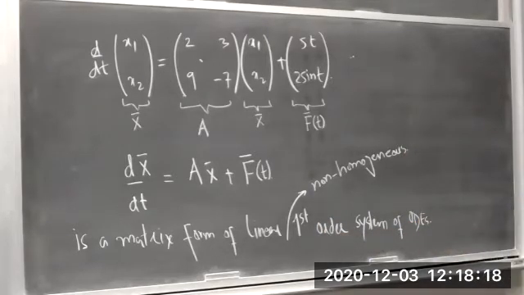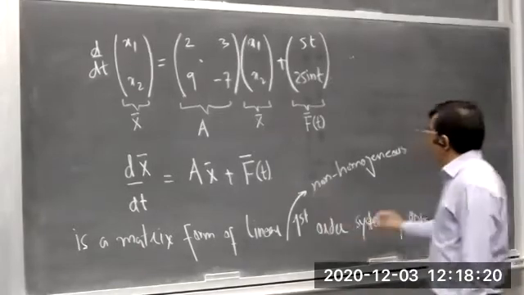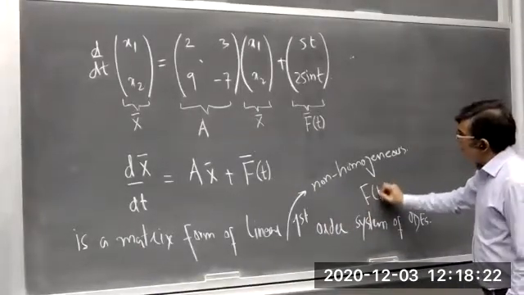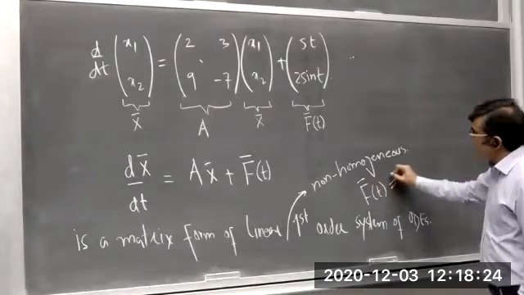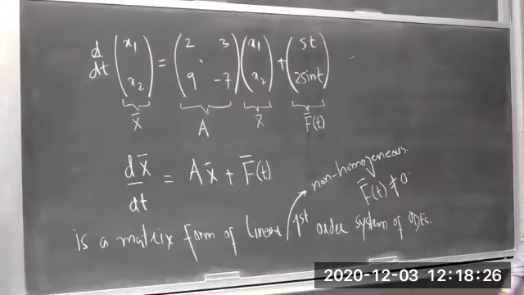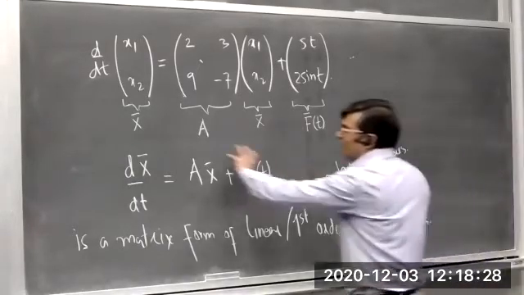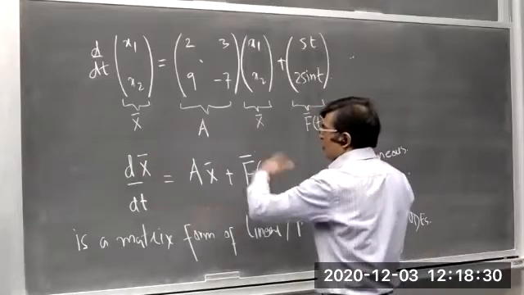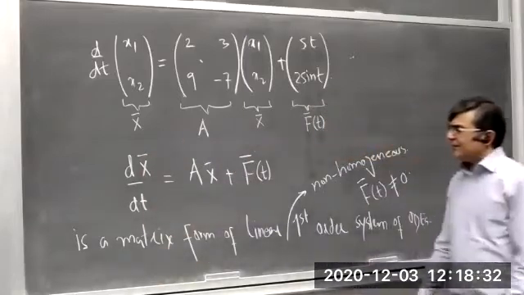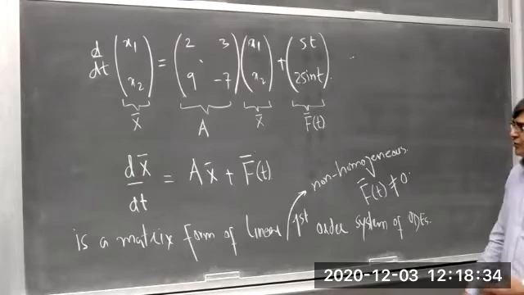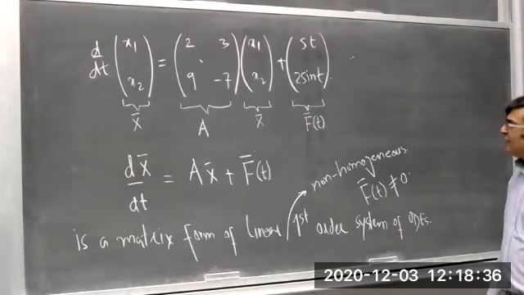If this f of t is not equal to 0, this vector is not equal to 0, then we call this system a non-homogeneous linear system of first order ODEs.